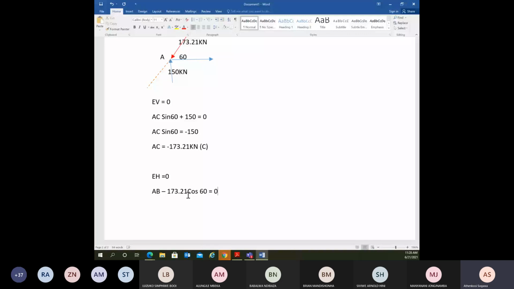Therefore, your AB will be 86.61 kilonewtons. By knowing AB is 86.61, what will it be? Because the negative and the other is positive, it is a positive answer. That means it is in tension.